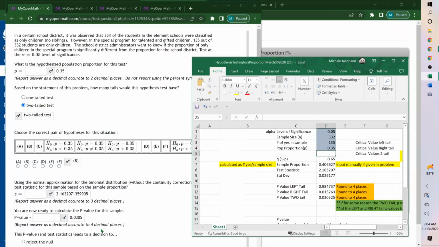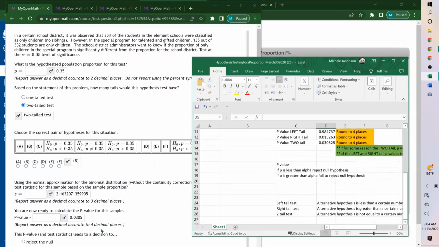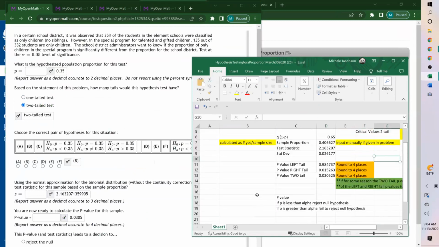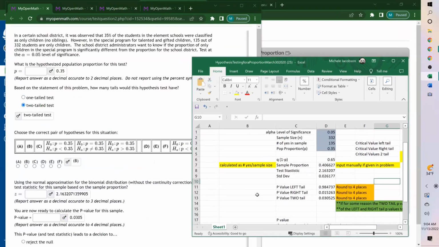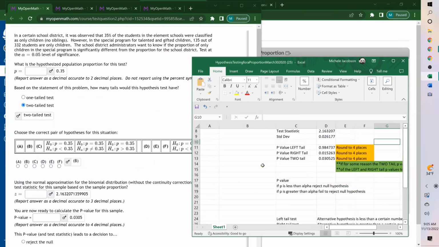To decide if you reject or do not reject, if you go a little lower here, it will tell you. If the p-value is less than alpha, you reject. If it's greater than, you fail to reject. Alpha was 0.05 up here, and the p-value was 0.03. 0.03 is less than 0.05.